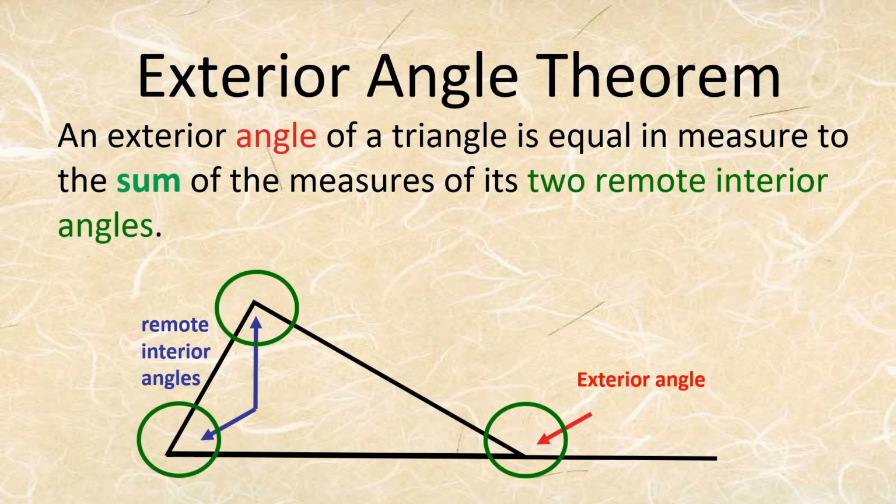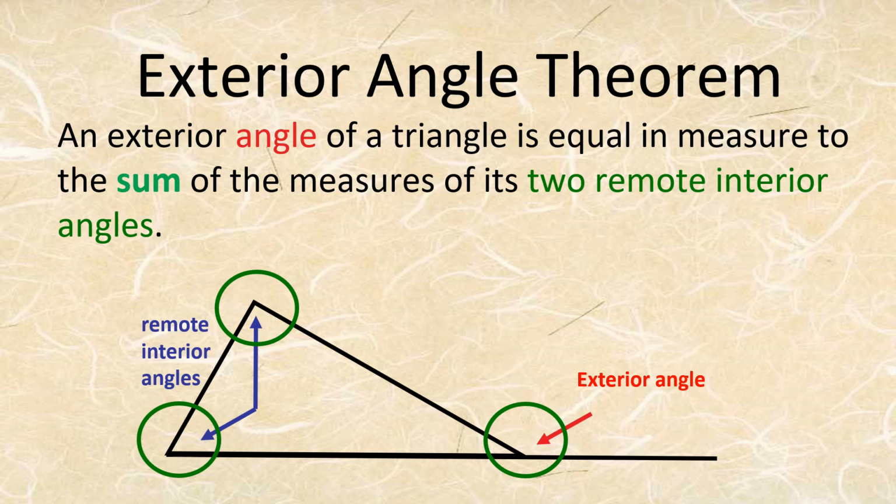Okay, the exterior angle theorem states that an exterior angle of a triangle is equal in measure to the sum of the measures of its two remote interior angles. So, what's remote? Remote means far from the exterior. Right? This is the exterior angle. This is the one that's nearest.